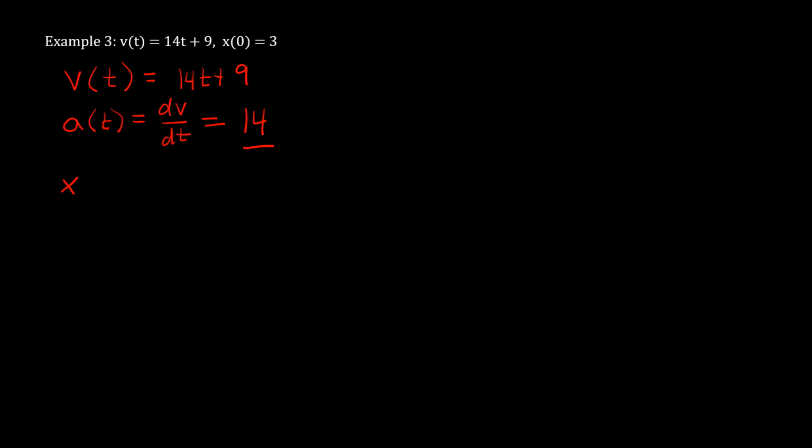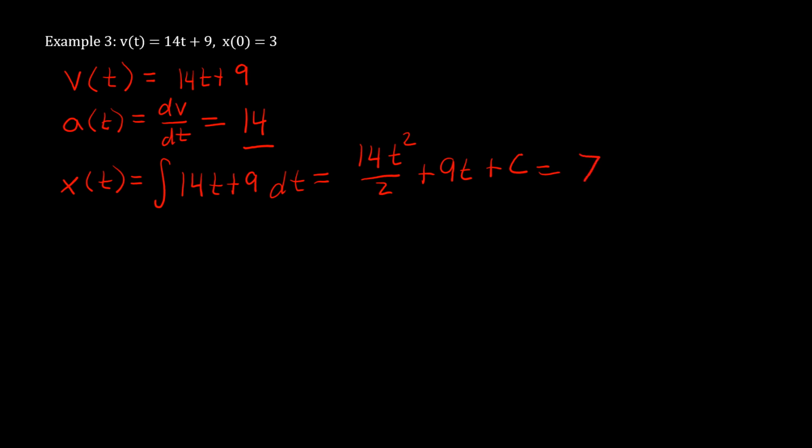Doing the position, x of t equals the integral of velocity v of t, so the integral of 14t plus 9 dt equals 14t squared over 2 plus 9t plus c. That simplifies to 7t squared plus 9t plus c.